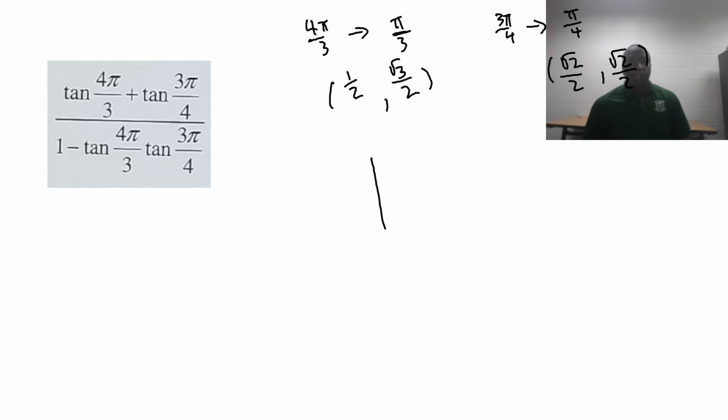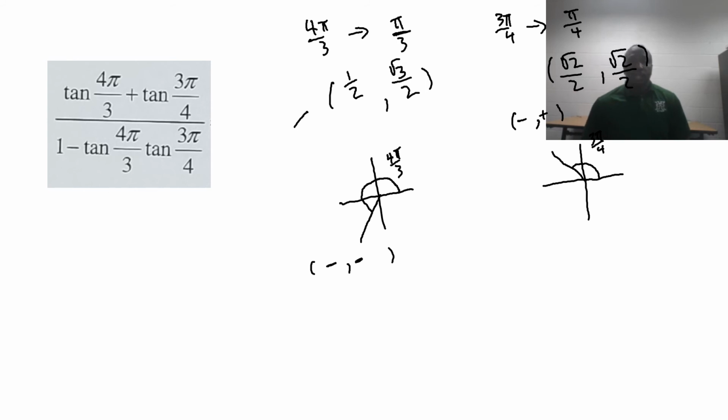Think about what quadrants these angles are in. 4 pi over 3 is in the third quadrant, and 3 pi over 4 is in the second quadrant. So how do the points go? Well, if we're in the second quadrant, remember that it's negative first, then positive. If we're in the third quadrant, it's negative first and then negative second.